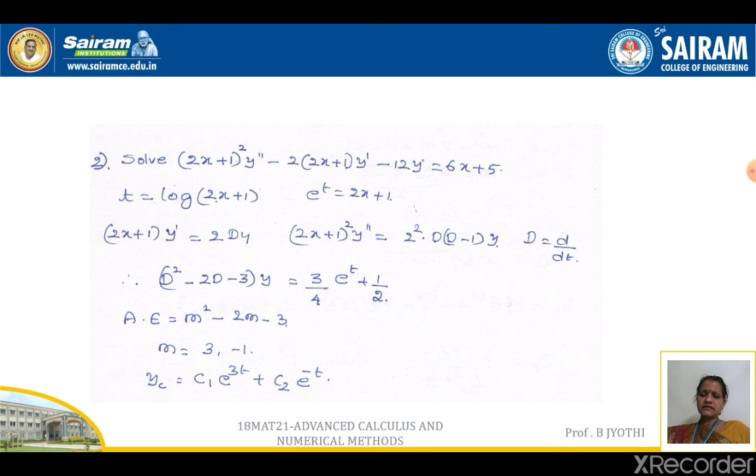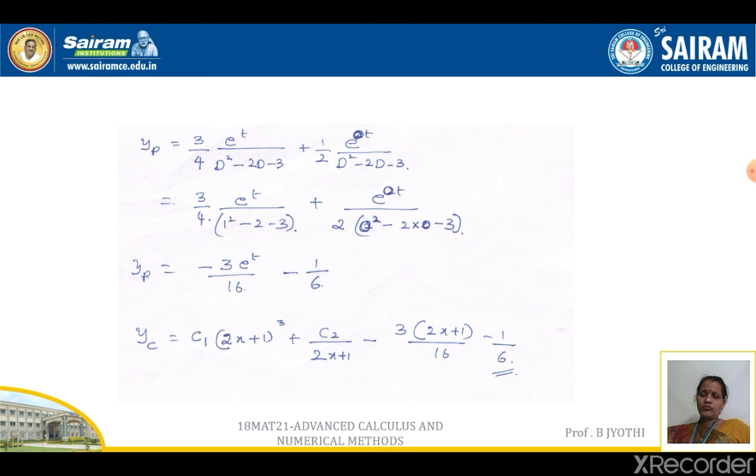Now consider the auxiliary equation, which gives m squared minus 2m minus 3, or m is 3 and minus 1. So our yc part is c1 e power 3t plus c2 e power minus t.